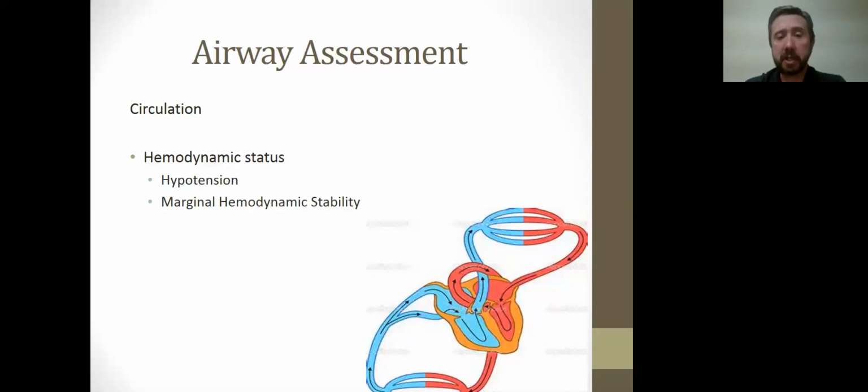Remember that the mean arterial pressure is the full cardiac cycle from systole to diastole. And that's what we need to be looking at for circulatory status, hemodynamic status. The best way to calculate that, there's a couple of formulas out there. One would be to double the diastolic and add its sum to the systolic and divide by 3.